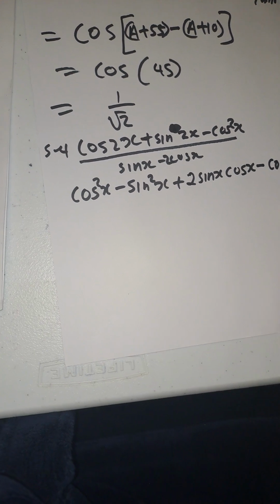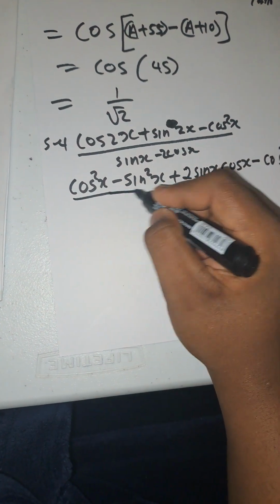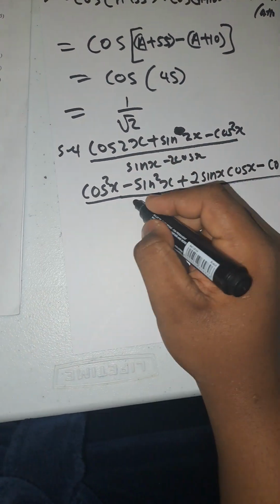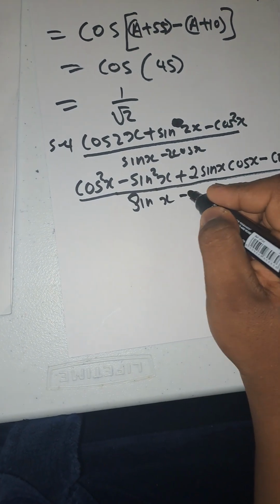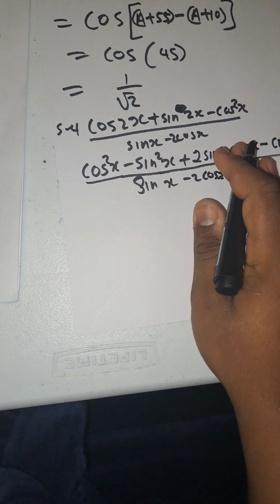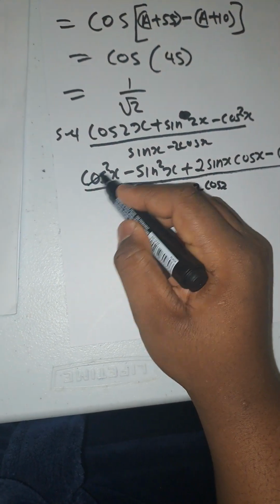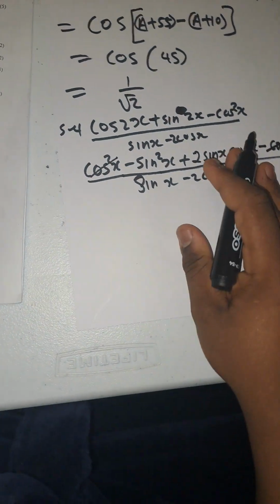Let me write it as it is, cos squared x, so that I don't complicate myself. I don't want to change it. Over sin x minus 2 cos x. So I know what I can see is that cos squared x minus cos squared x is out.